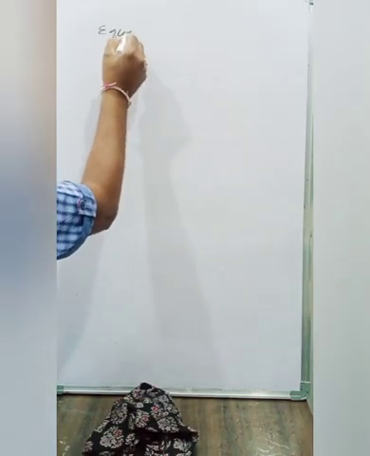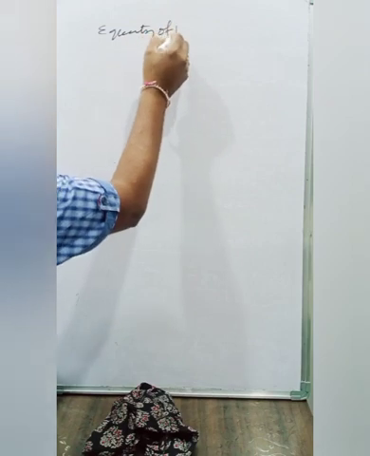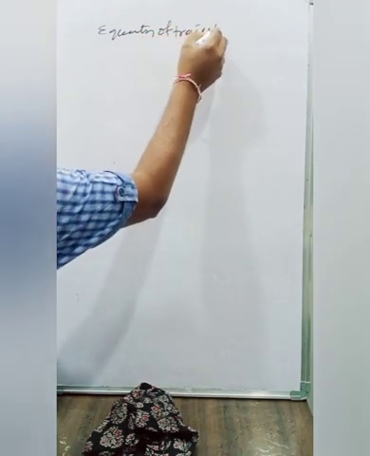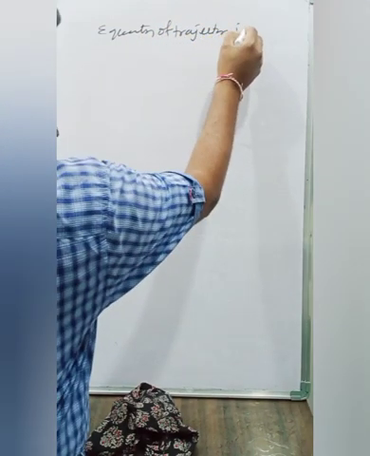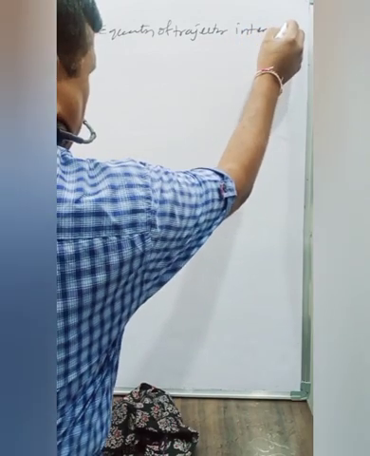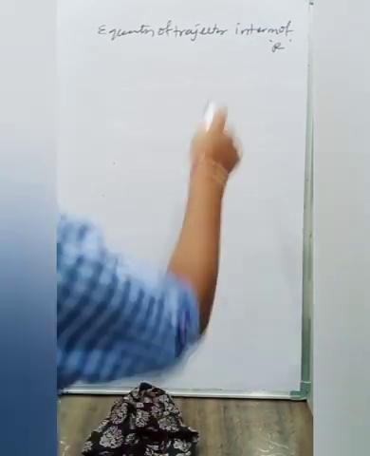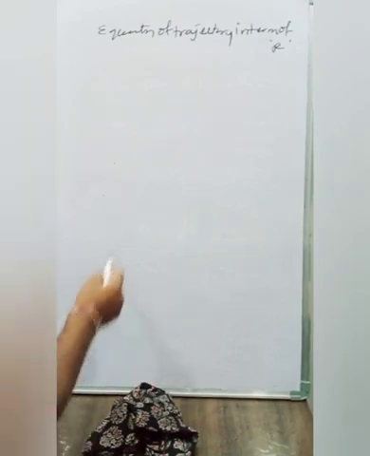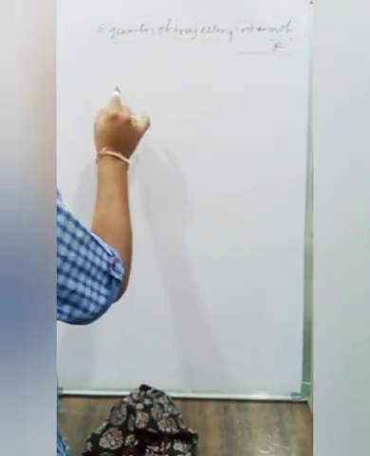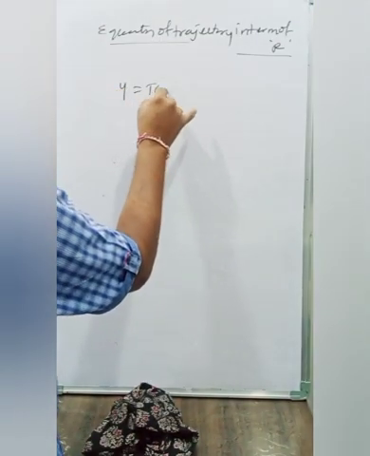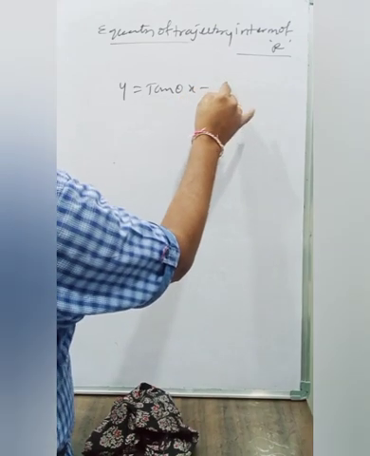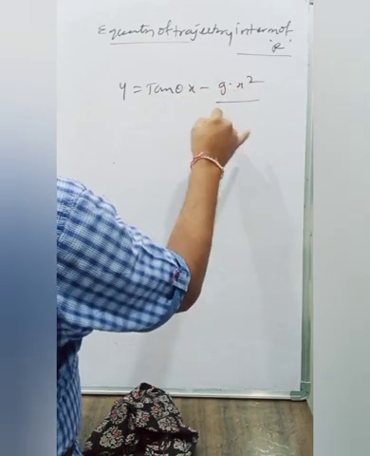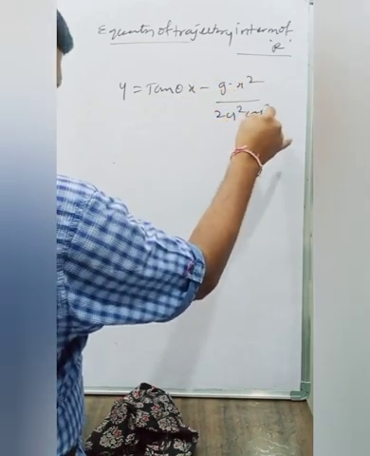Trajectory in terms of range. We know that y is equal to tan theta x minus g into x square by 2 u square cos square theta.